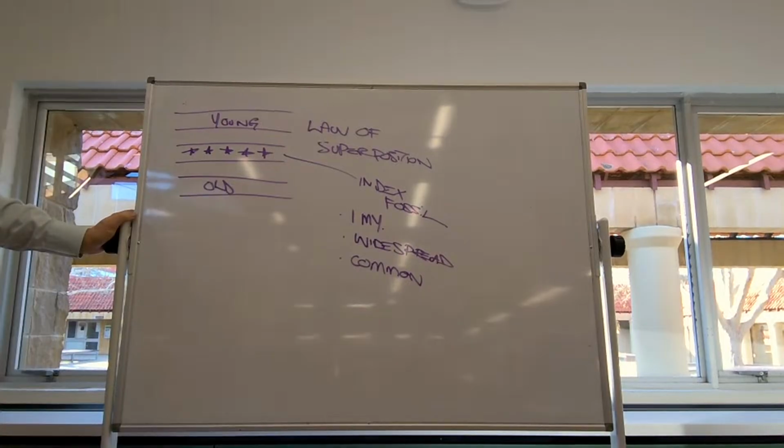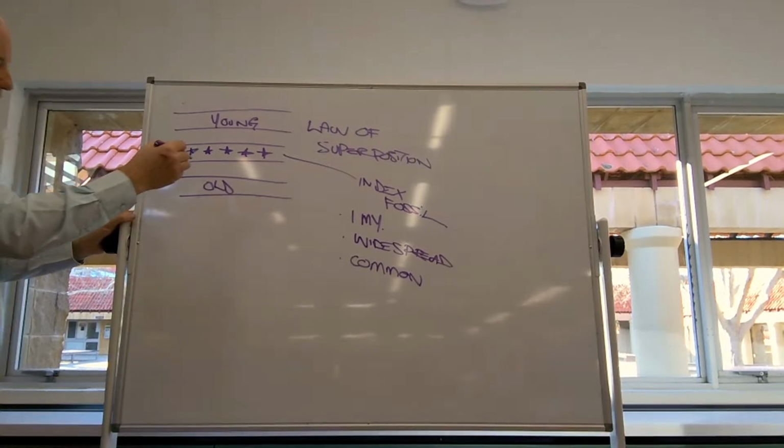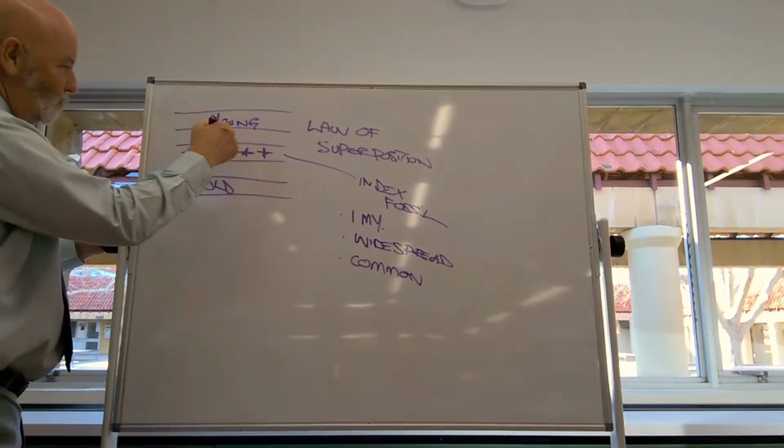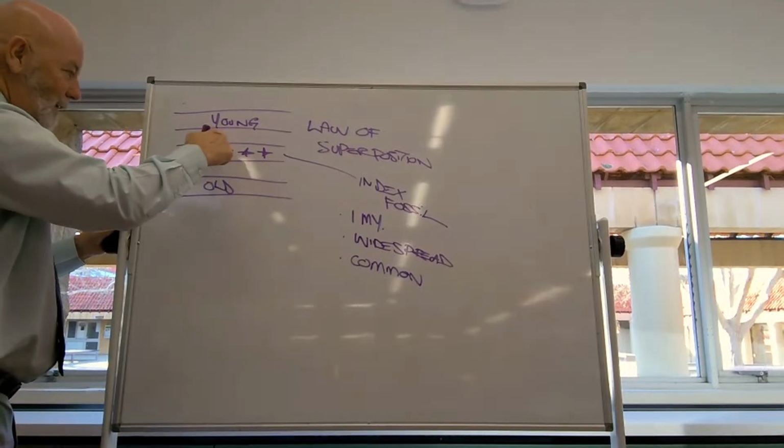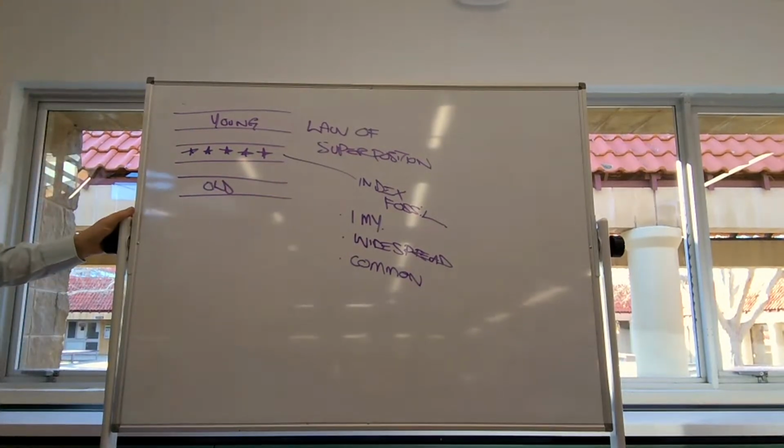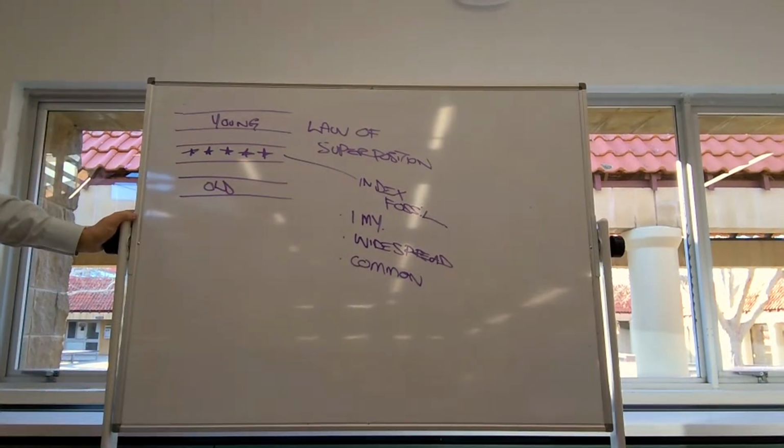Because they're very common and everywhere, we can use them as a marker. We can say that anything above this index fossil is going to be younger, and anything below the index fossil is older. Now we can compare rock strata.